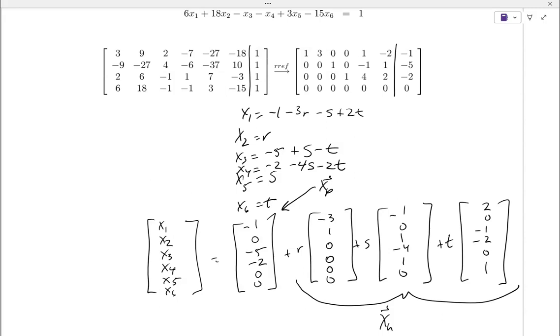We've done this, we just haven't said we've written it in this form, right? But again, that's the whole point of the theorem. I can write every solution to the system as a particular solution plus the general solution to the homogeneous system. And that was why we broke it apart like that way back when we were doing systems of linear equations.